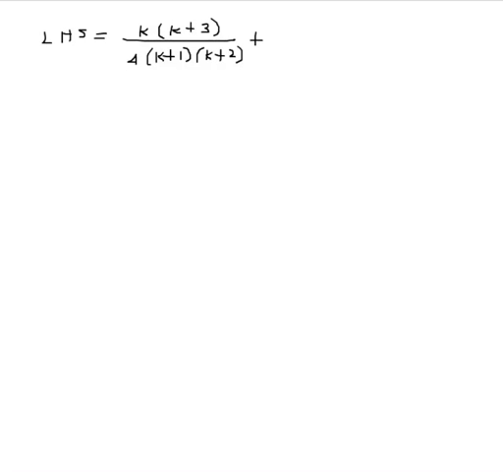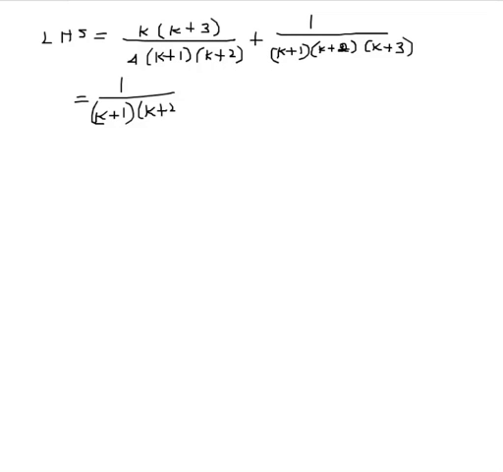And now let us add k plus 1th term, which is 1 divided by k plus 1 into k plus 2 into k plus 3. Take out the common factors. We have k plus 1 and k plus 2 common in the denominator. We have k square plus 3k by 4 from the first term and 1 by k plus 3 from the second term.